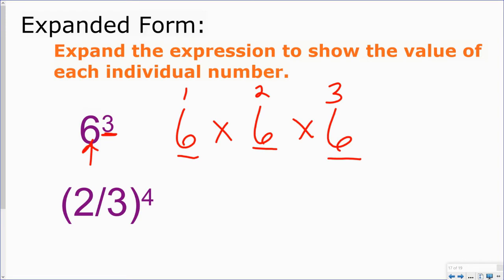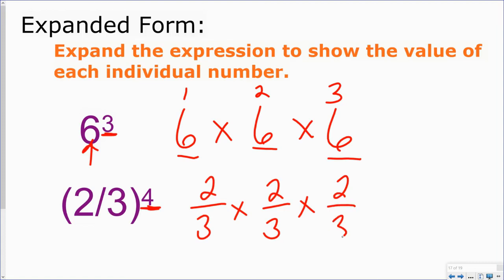So here I have 2/3 to the 4th power, which means I have 2/3 multiplied by 2/3 multiplied by 2/3 multiplied by 2/3. Again, 2/3 is my base number, and I am multiplying it by itself 1, 2, 3, 4 times.